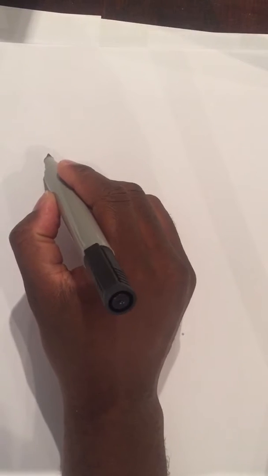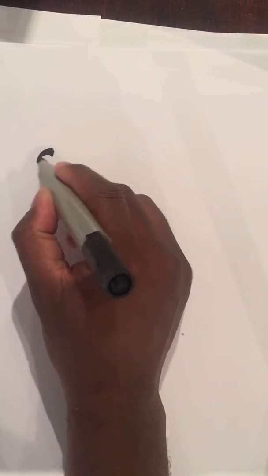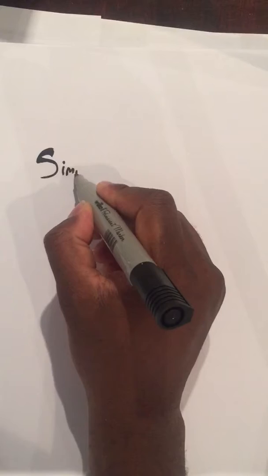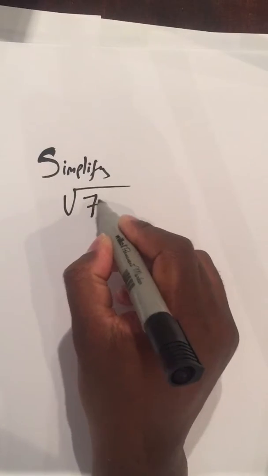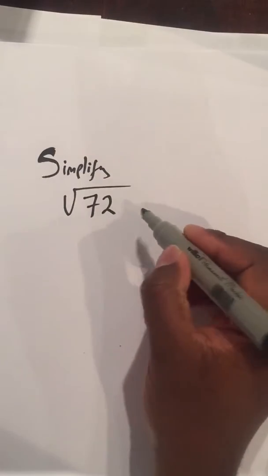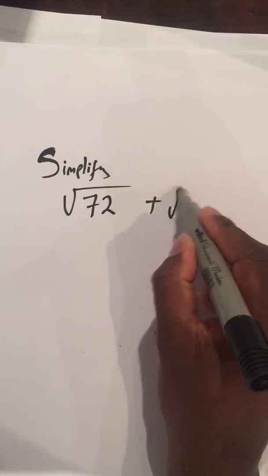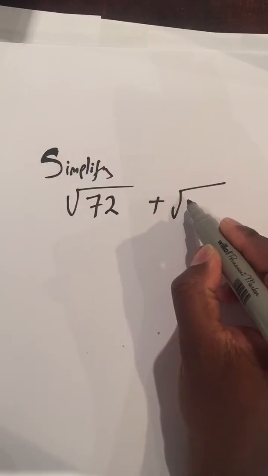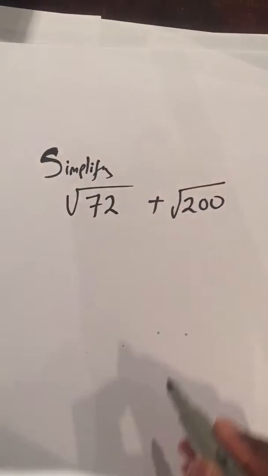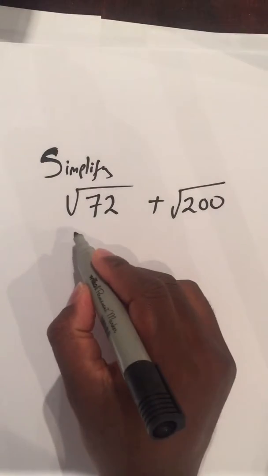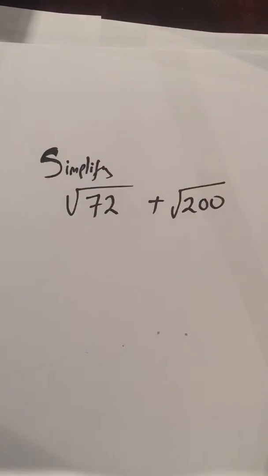So the first question would be about indices, surds, and all of that. Can you solve this one? Simplify the square root of 72 plus the square root of 200, and put your answer in its simplest form.